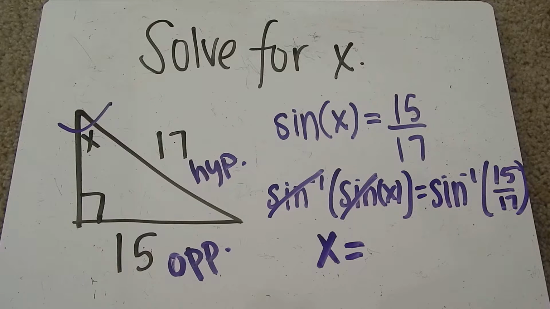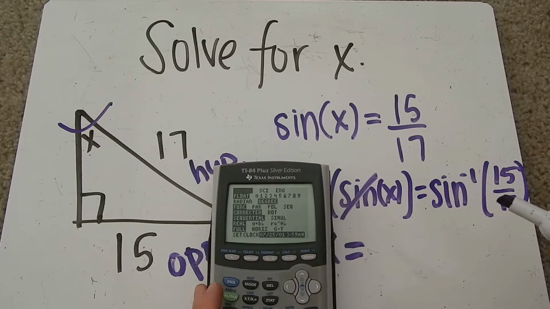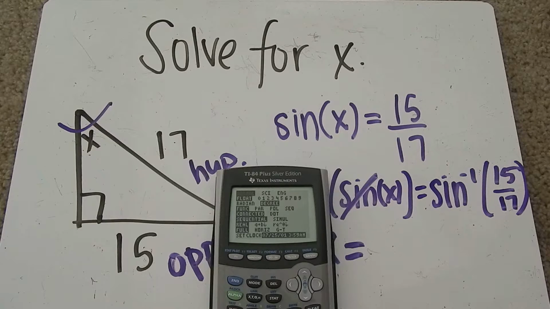and our calculator can do that work for us. Remember, when we are working with trig functions, we always want to make sure we are in degree mode. So you want to go to mode, make sure degree is highlighted. If not, highlight it. Then we can quit out of that.